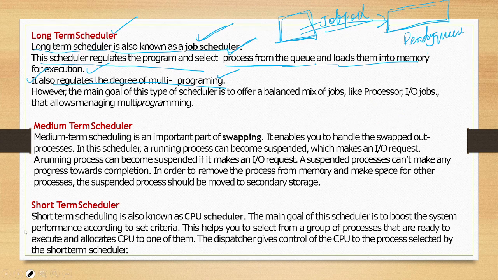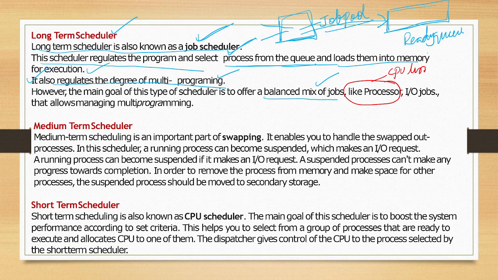And one more important task done by the long-term scheduler is selecting the mix of jobs. From this job pool, the long-term scheduler should select a mix of jobs. Some processes need more CPU time, right?